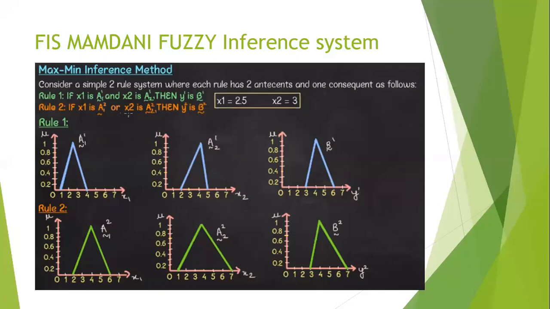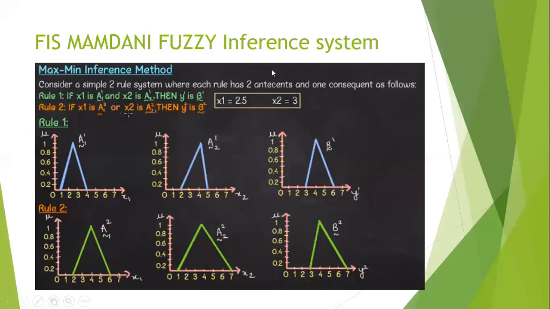And operation we are using in the first rule, and in the second we are using or. Rule 2: if x1 is a12 or x2 is a22, then y2 is b2. You are given x1 as 2.5, x2 as 3.